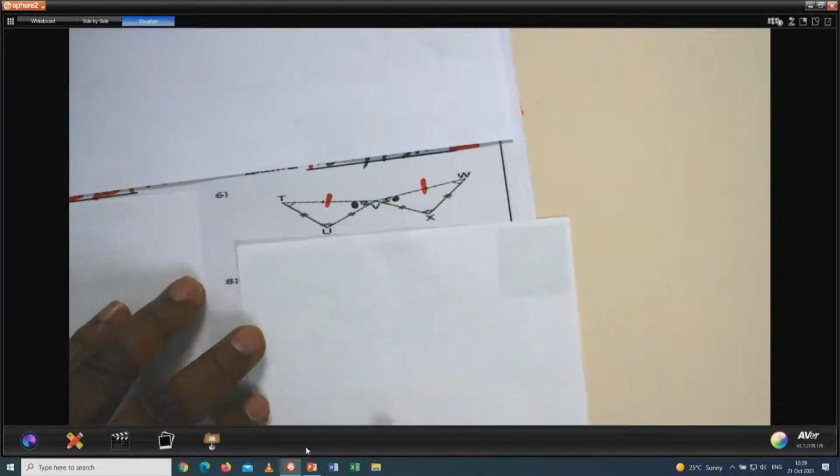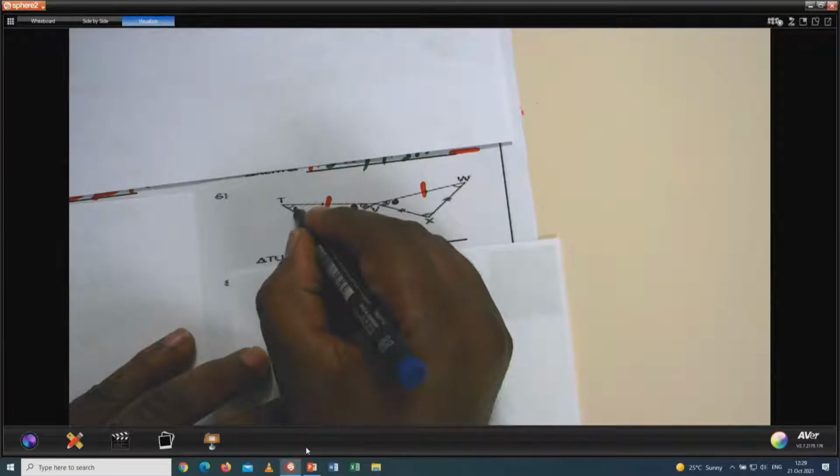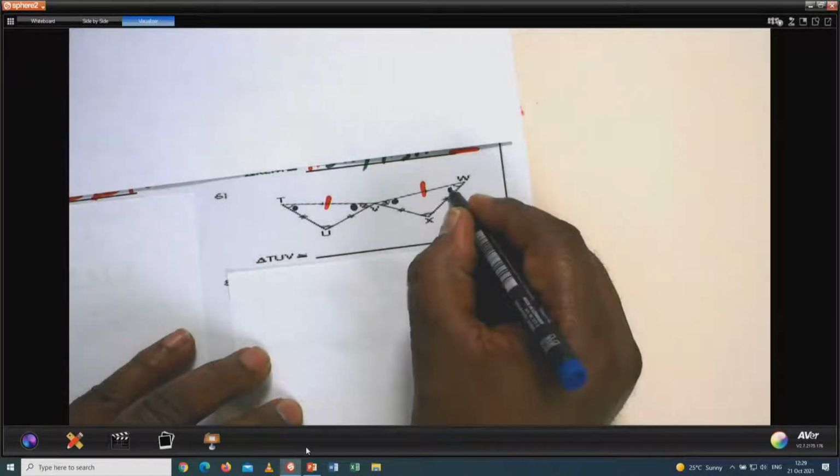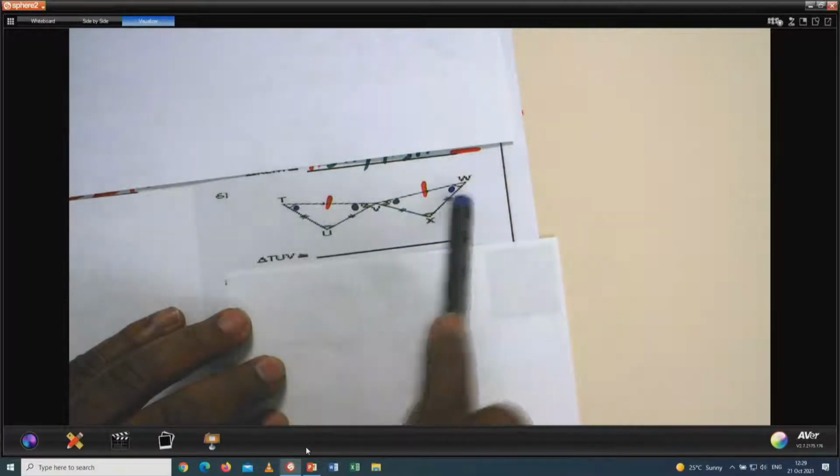You can go whichever way. We see differently. We learn differently. You can see this side, that side, this angle, that angle. So there are many different ways.